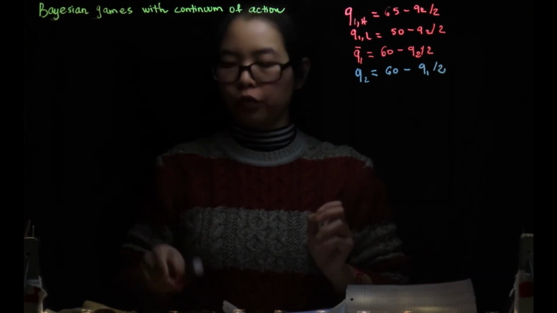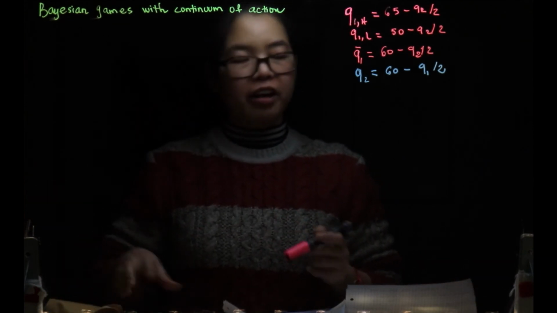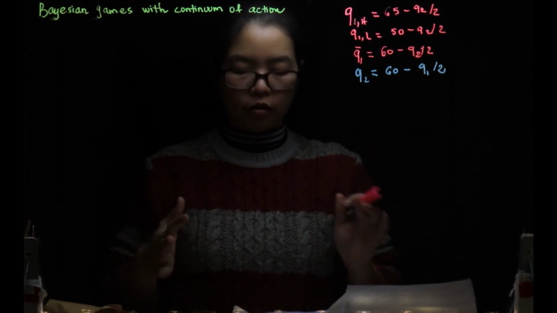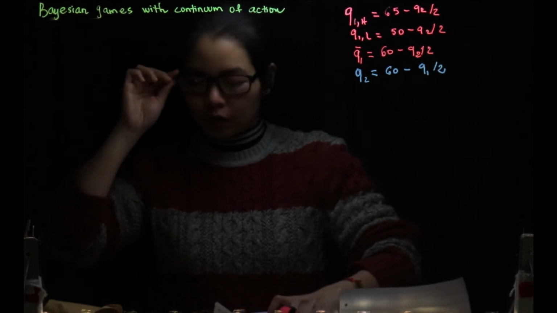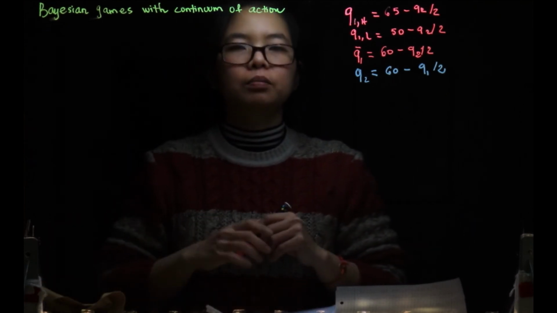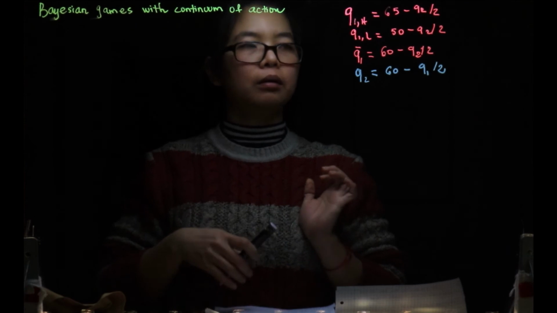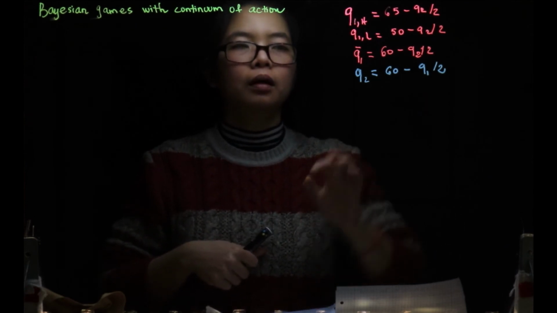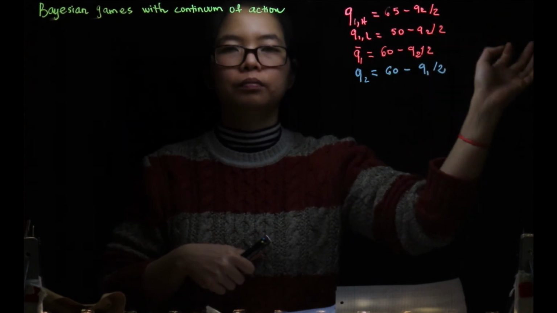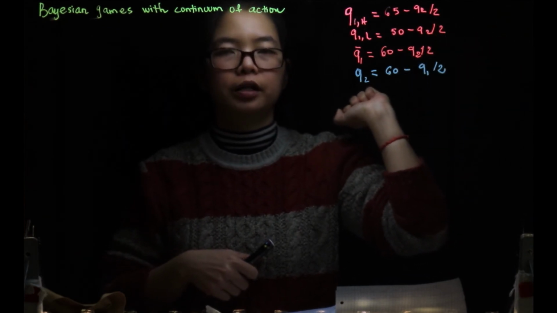Okay, final thing. Now let's graph the best response function on the graph. Do you still remember what the best response function with a continuum of actions is? It's the function of Q with respect to the Q of the other, right?